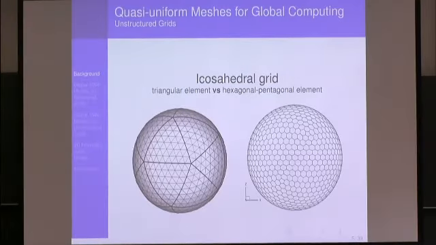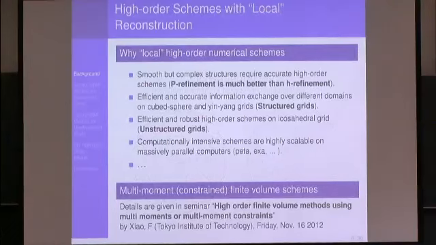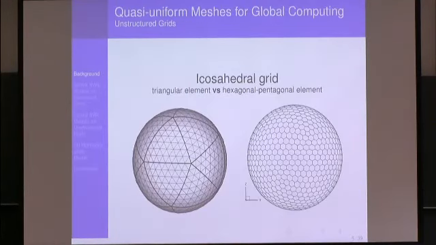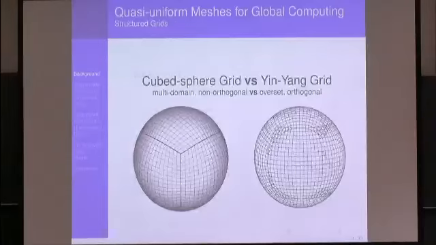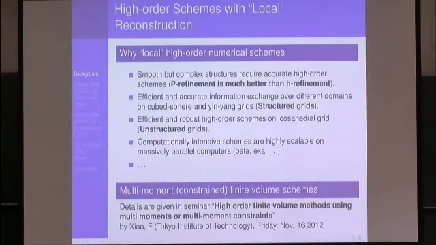So that's for the global computational grids in our study. The second point of view: we use high-order schemes with local reconstruction to build the numerical models in spherical geometry.